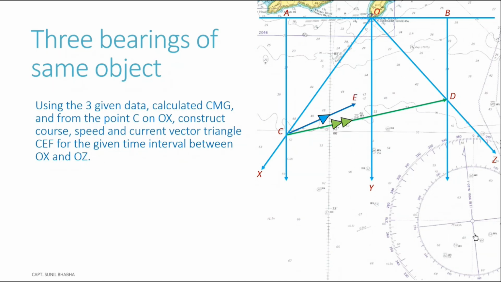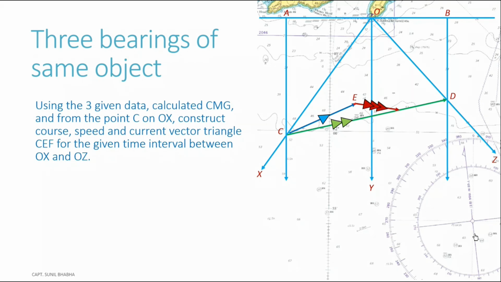So let's call the point where our leeway track ends as point E. You can see point E on the chart now. Now from this point E, I draw my current vector. You can see the red color current vector on the screen. Let's mark it with 3 arrows.